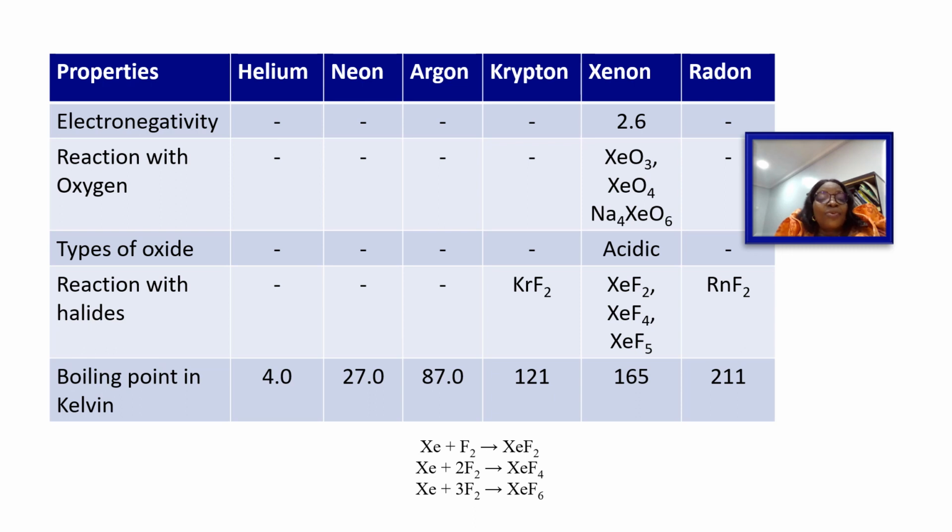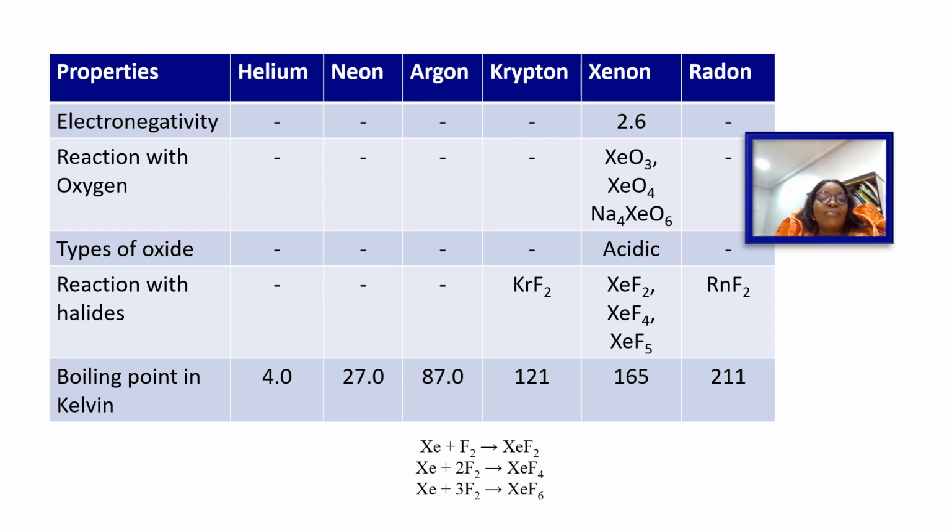And it can also react with krypton, forming krypton difluoride. And it also reacted with radon, forming radon difluoride. So fluorine can react with krypton, xenon, and radon.